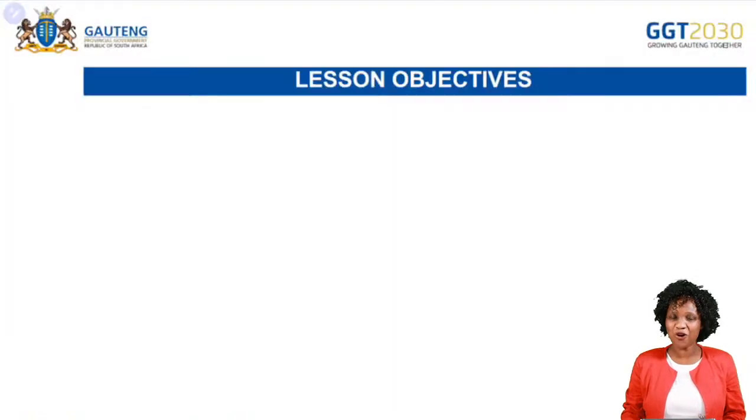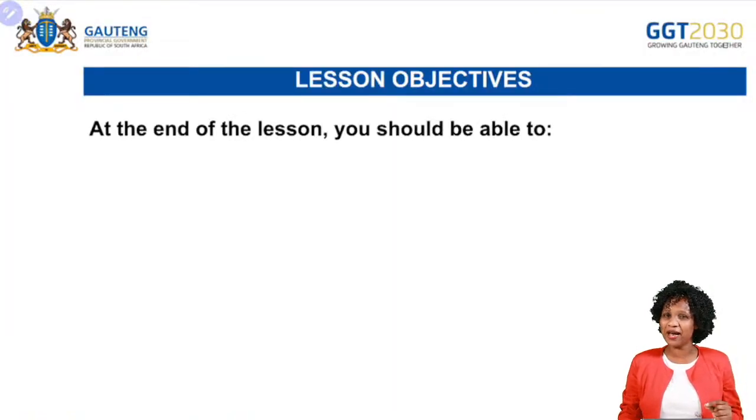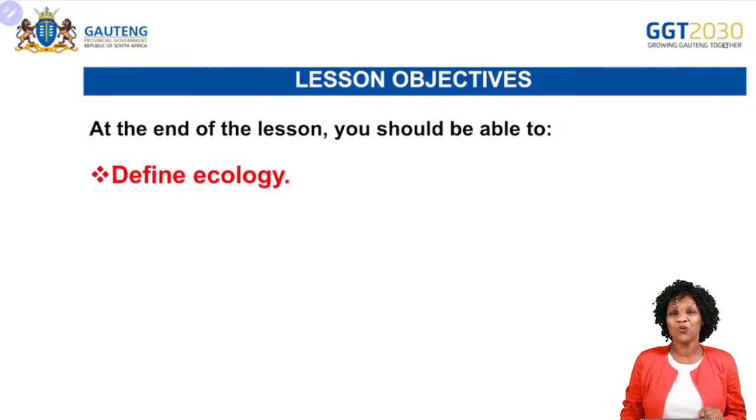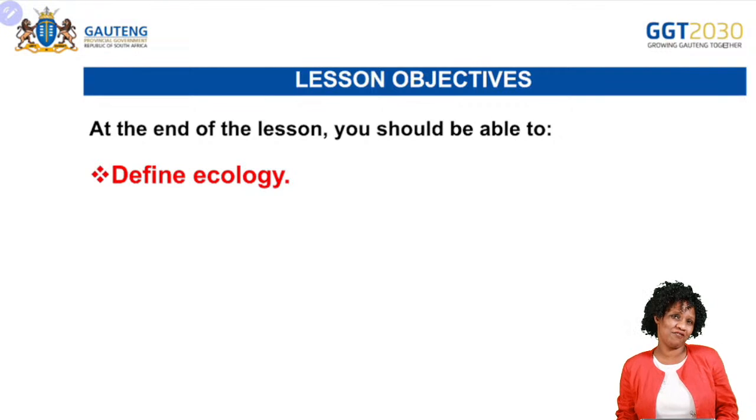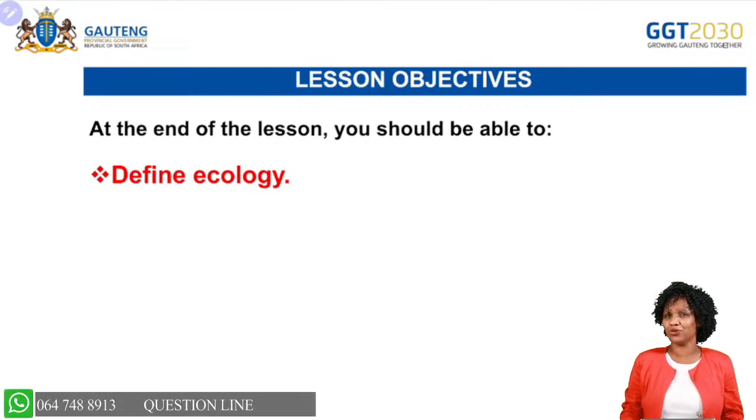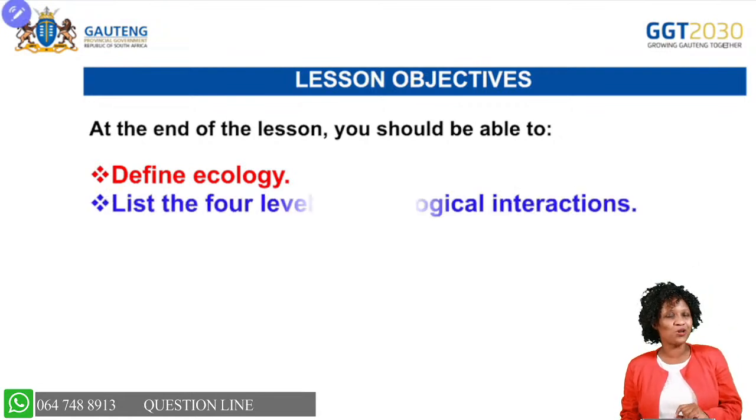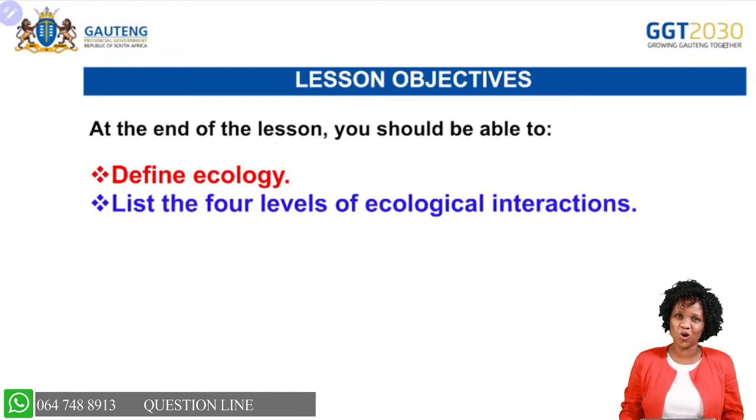Let's check our objectives. Remember, we need to set a goal for ourselves. We need to aim at achieving something. What is it that we are going to achieve? By the end of this lesson, we are all going to be able to define ecology. We are going to list the 4 levels of ecological interactions.